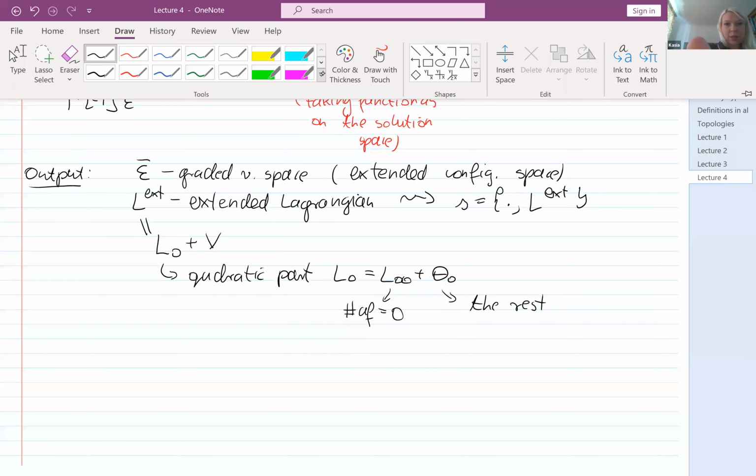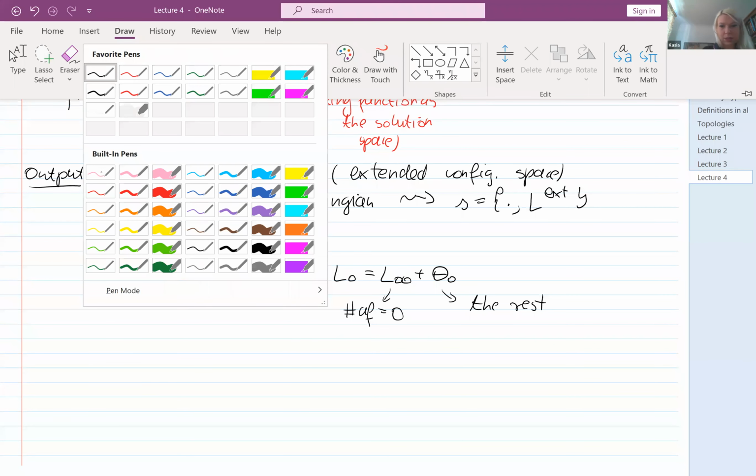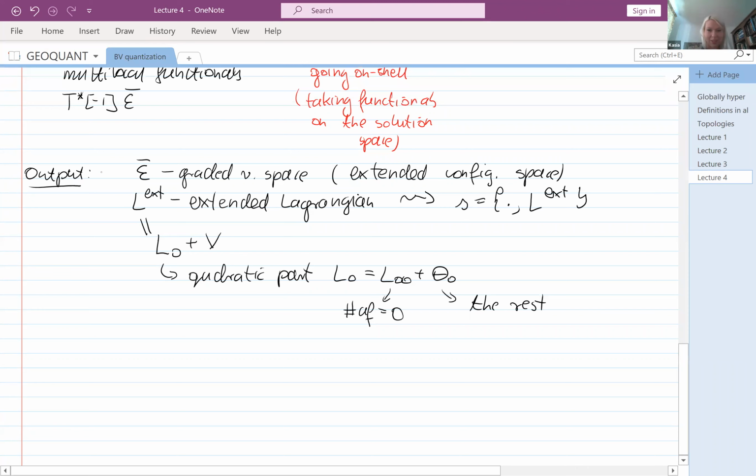And because in the end I want to be able to construct this Peierls bracket, this zero shifted Poisson structure I told you about, I want to play the same game I did for the scalar field. I need to make some assumptions on this L0.